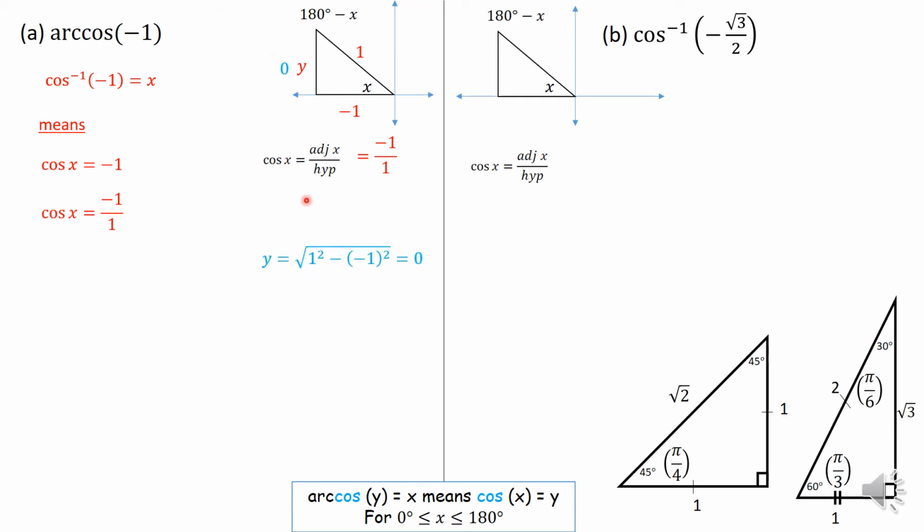Right, you don't have to use Pythagoras, but in this particular case, I'm using Pythagoras to find that the y value is very interesting here. So what it actually means, think of an angle that goes from here, but then it doesn't have any vertical distance. It goes to the left, it has a horizontal distance, okay? So it's a line that starts from here and then it's directly on top of that. So this is a very interesting case.